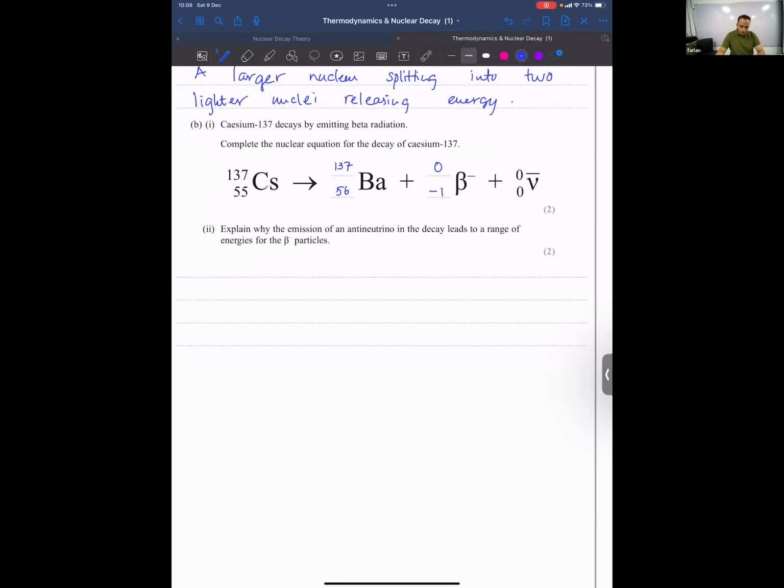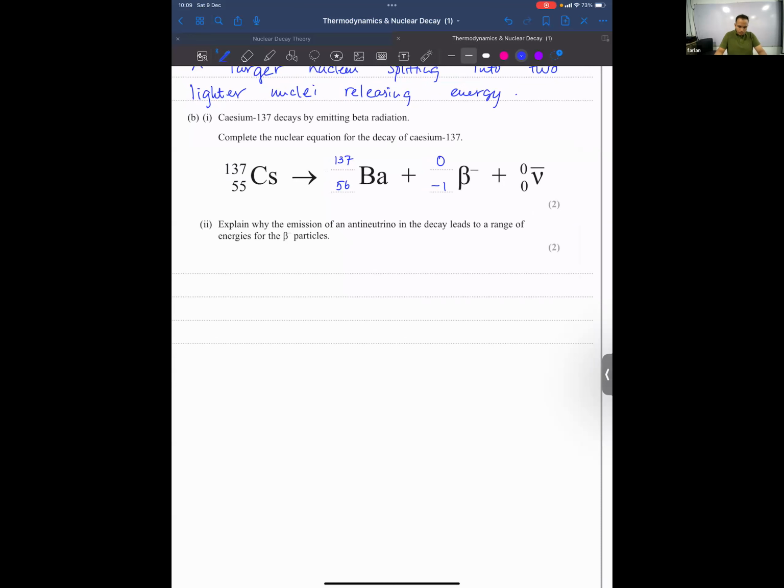Explain why the emission of an antineutrino in decay leads to a range of energies for beta minus particles. So guys, what happens here? Now the cesium is stationary. So when it emits a beta particle, for the momentum to be conserved, this cesium nucleus will recoil.